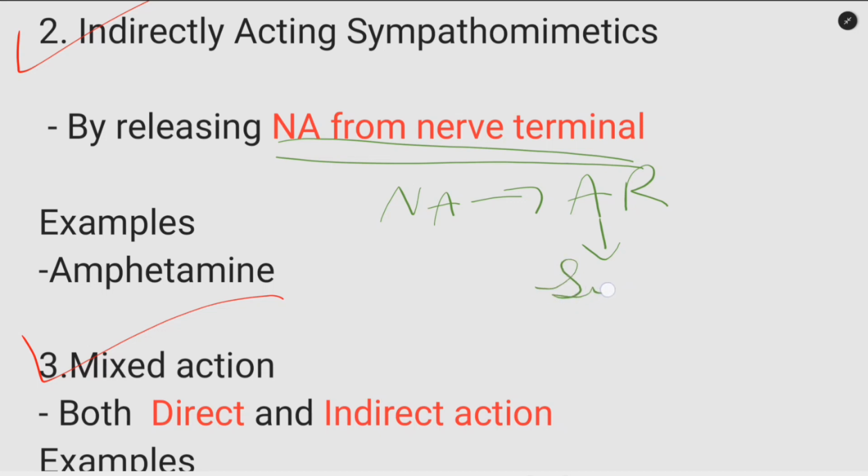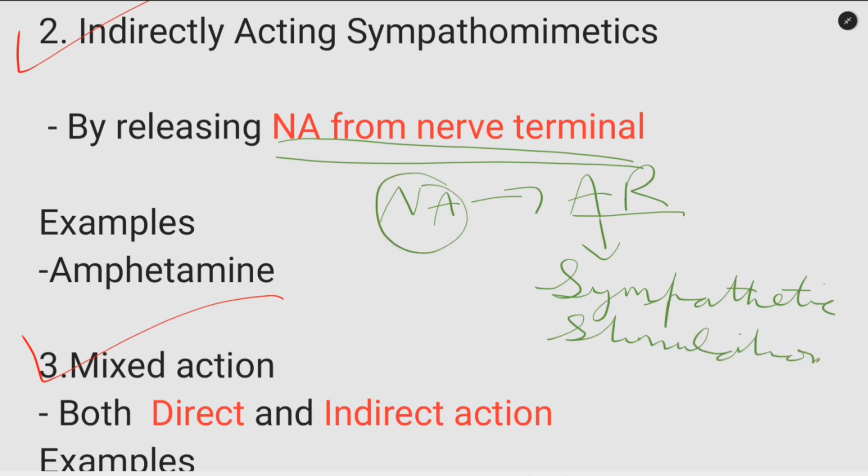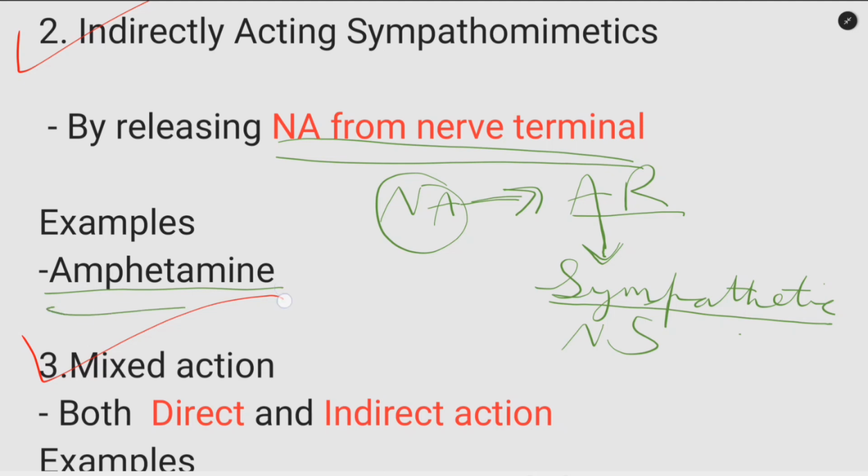This noradrenaline goes and binds to adrenergic receptors and produces the actions of the sympathetic nervous system. An example of indirectly acting sympathomimetics is amphetamine.